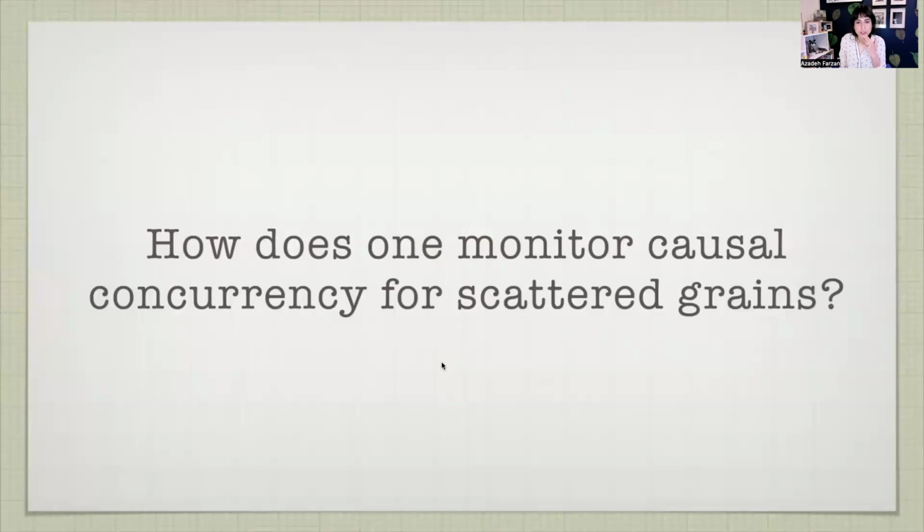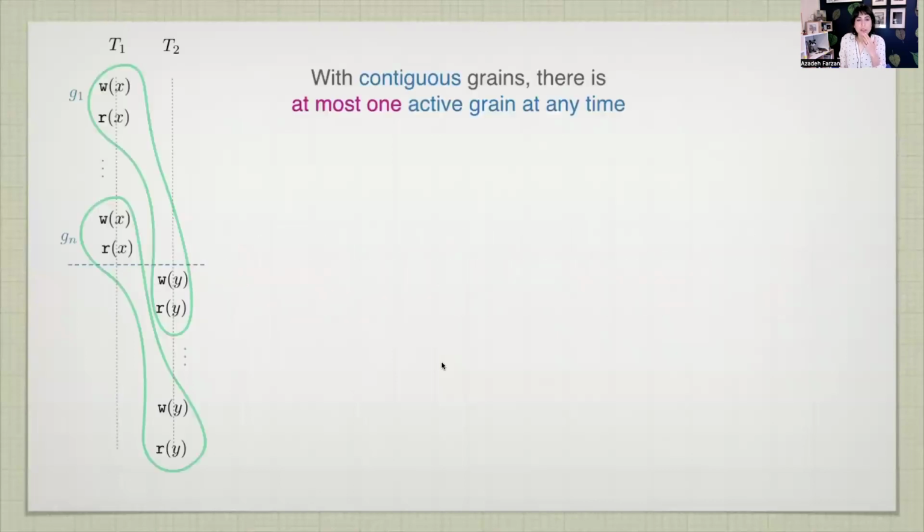But the complications start when we think, okay, if we were to implement an algorithm based on the grain graph, of course we cannot maintain the grain graph the way that I defined it. I cannot have the entire grain graph, one node per grain, no matter where the grain appeared way in the past, because that effectively becomes the lower bound linear space memory, which I'm trying to avoid.